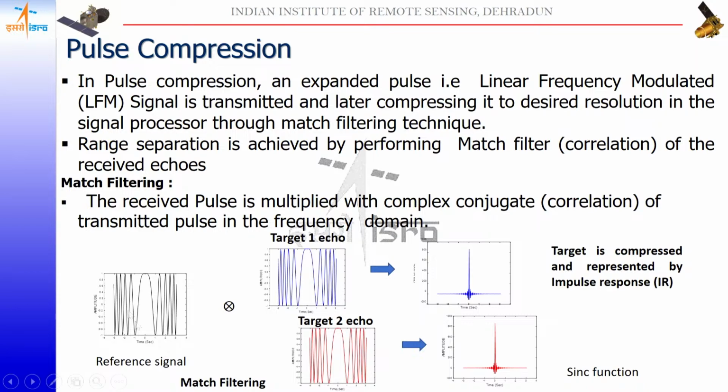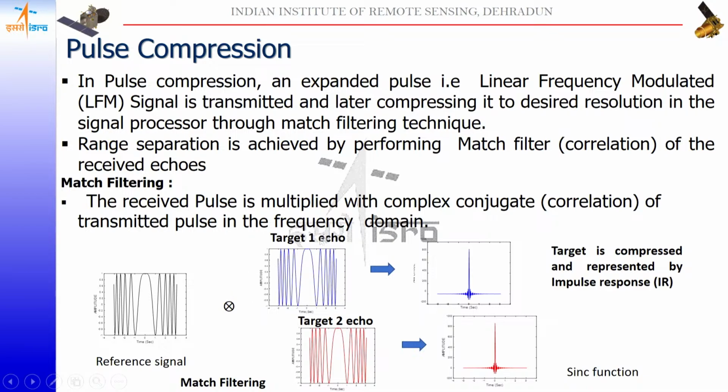Now this type of signal is transmitted in case of SAR, and on the ground we adopt one technique which is called the matched filtering technique. What is the matched filtering technique? In matched filtering, we multiply this signal with the complex conjugate of the signal in the frequency domain.